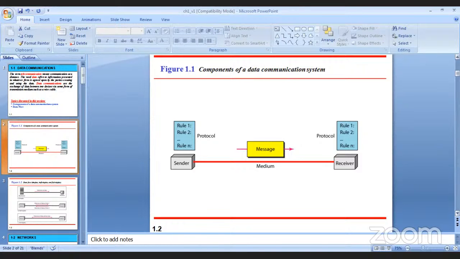So what are those? The first is the sender. You see the chat box. Second is the receiver. Third is the data or the message to be transmitted. Then fourth is the communication media.